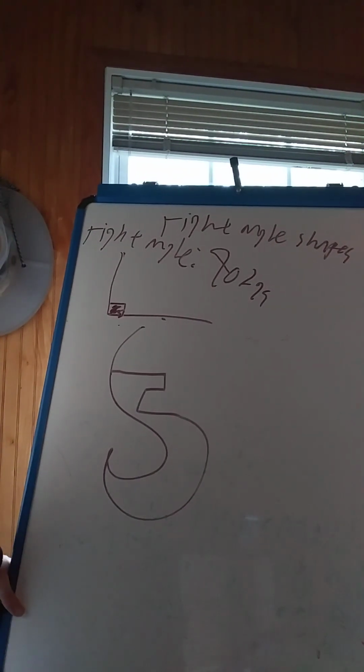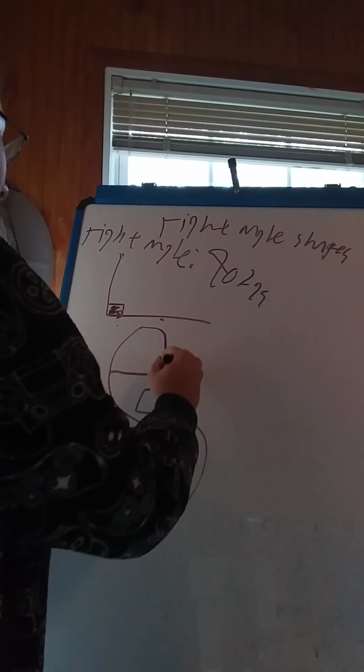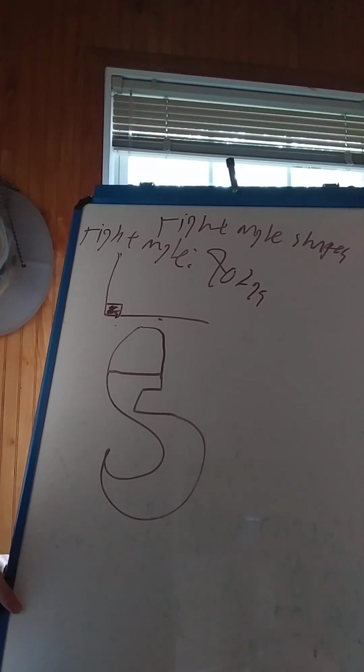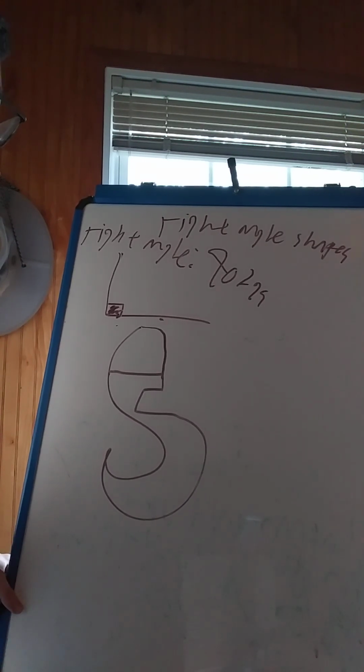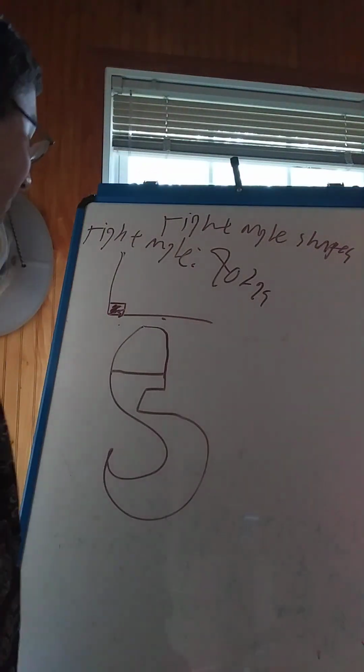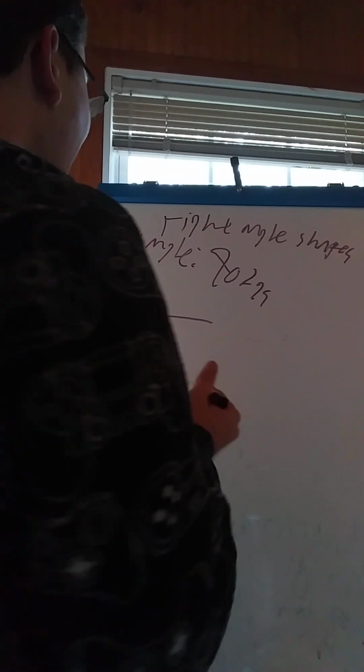I'm sure that it kind of looks like a musical note sort of shape. I don't know. Looks like an S. It does look like an S. It's weird. It's really weird. I'm an artist. Well, not really.